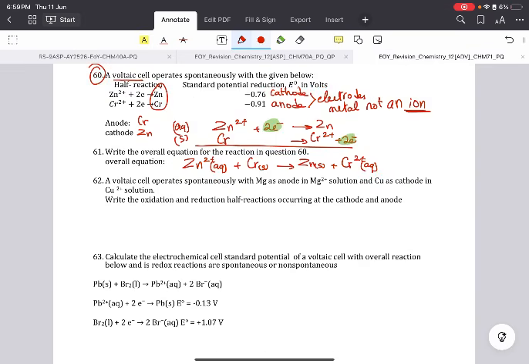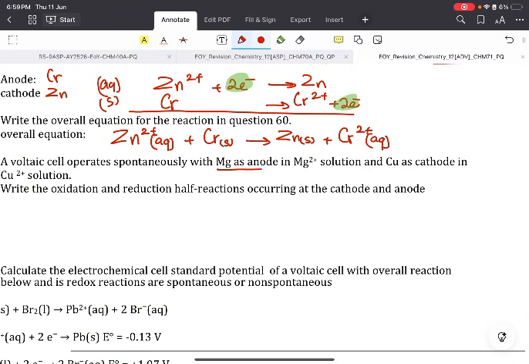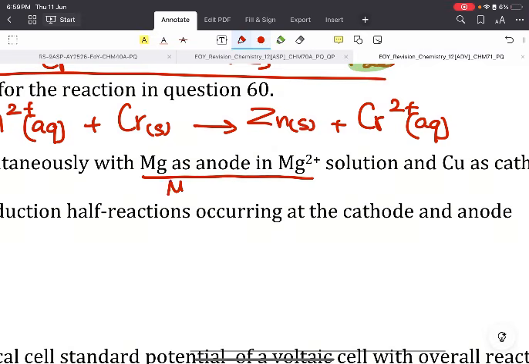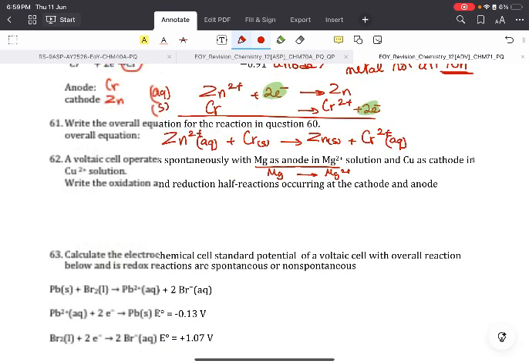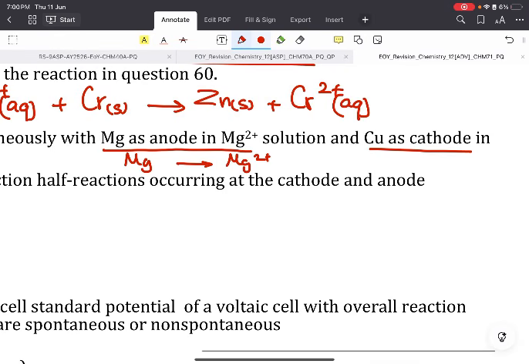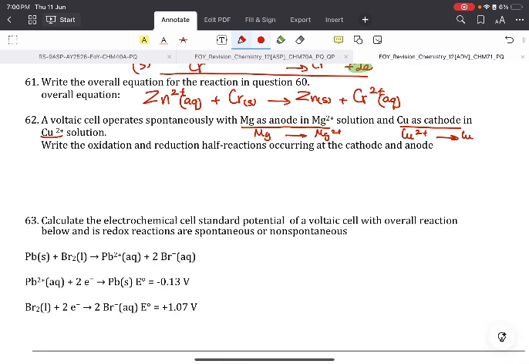Next, a voltaic cell operates spontaneously with magnesium as anode. So magnesium is going to get oxidized, meaning from Mg to Mg2+, oxidation. Oxidation number will increase. And Cu is the cathode, meaning from Cu2+, that's a reduction, to Cu.